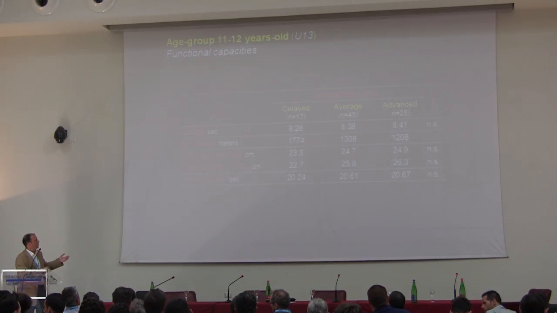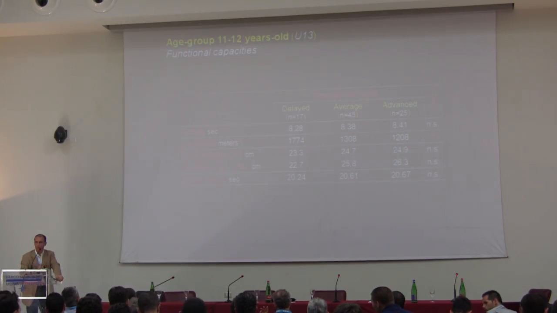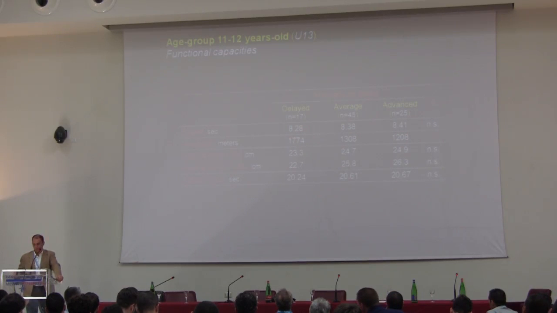So let me tell you this. Look at this value. The only difference that we found in this age group, 11, 12 years old, was in yo-yo. But look, the ones that performed better were the delayed group, then the average, and only in the end, the worst group was the more advanced group. It's not easy, and that's why coaches need to understand, not fully, but at least superficially, as I said to you.